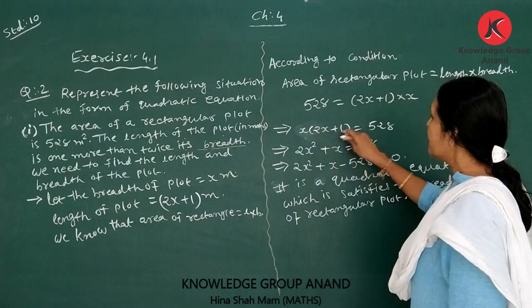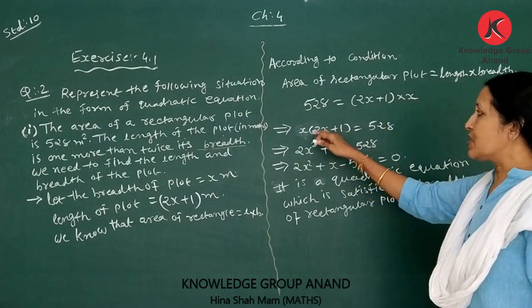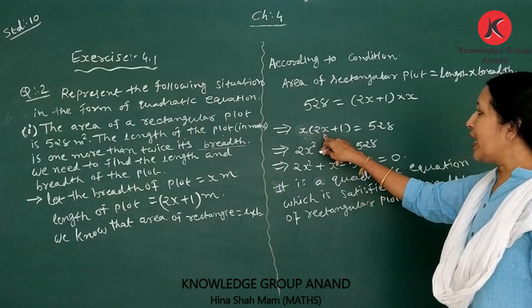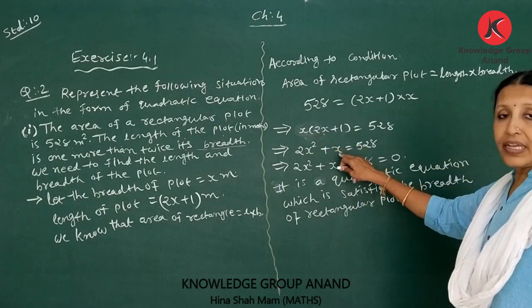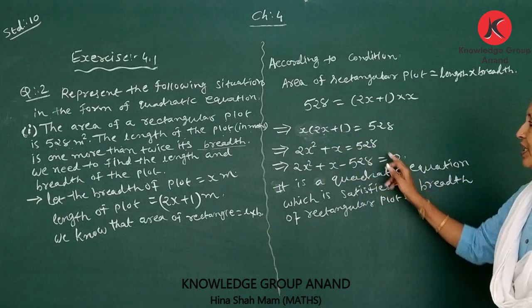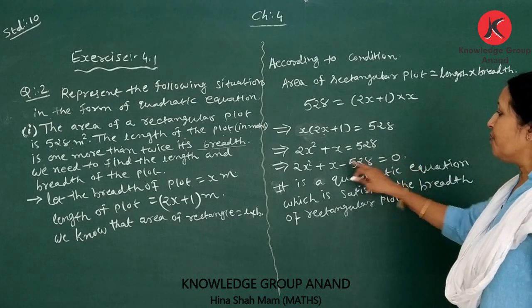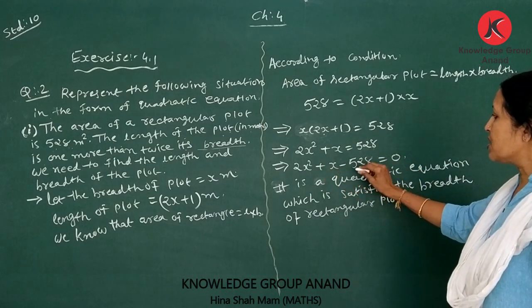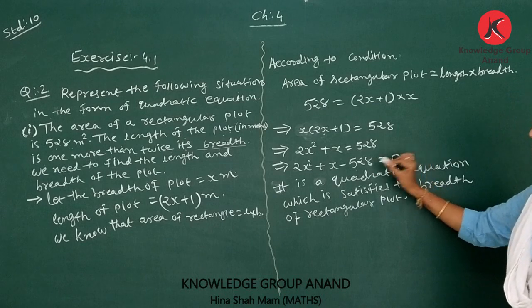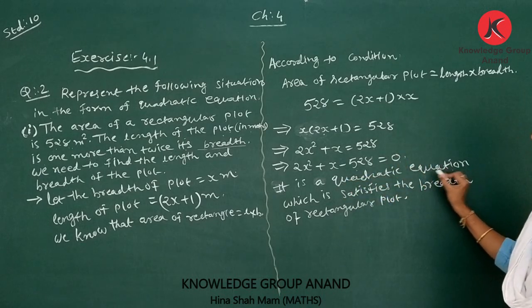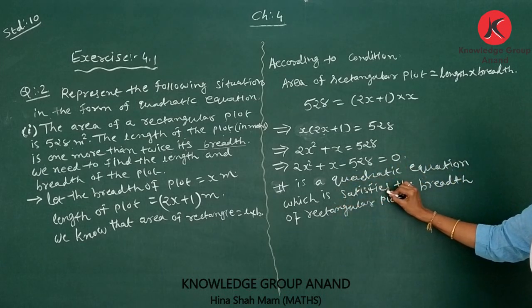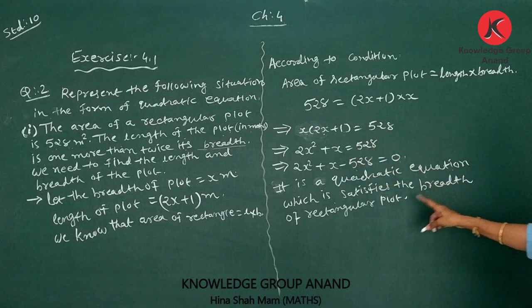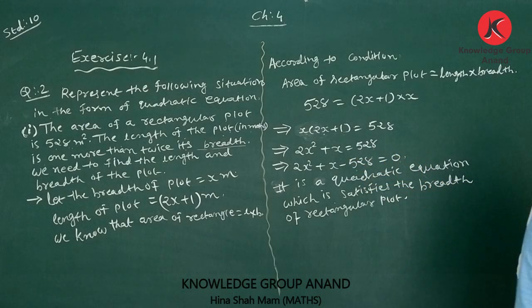Then we write x into 2x plus 1: 2x square plus x is equal to 528. Subtracting 528, 2x square plus x minus 528 is equal to 0. It is the quadratic equation which is satisfied by the breadth of the rectangular plot.